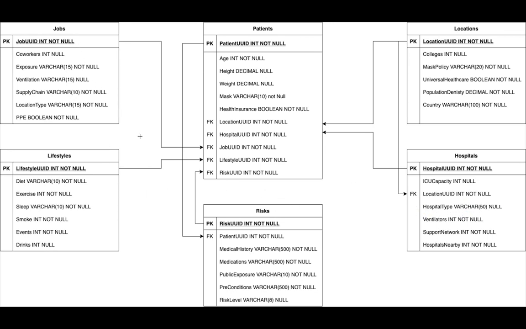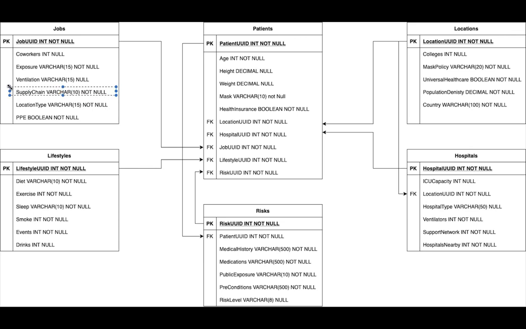We're going to hop all the way over to the left with jobs over here. So coworkers is touching on how many coworkers this person works with. Their exposure is also on a sliding scale of poor, well, decent. Same with ventilation here.